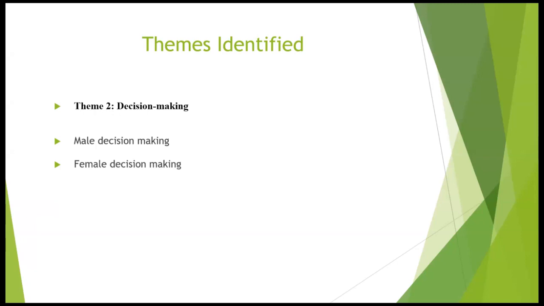For female decision making, they said that childbearing is mostly done by the female, so the decision making should also rely on them. So if they want to use protection, they will ask the female whether she is comfortable using contraceptive pills or not, or whether they should use condoms or not.